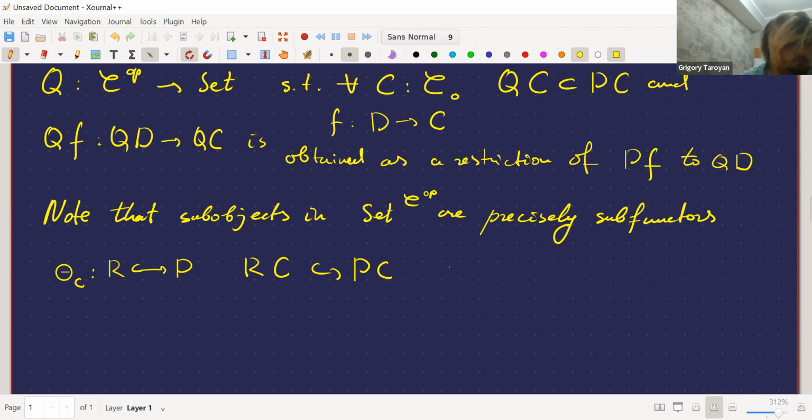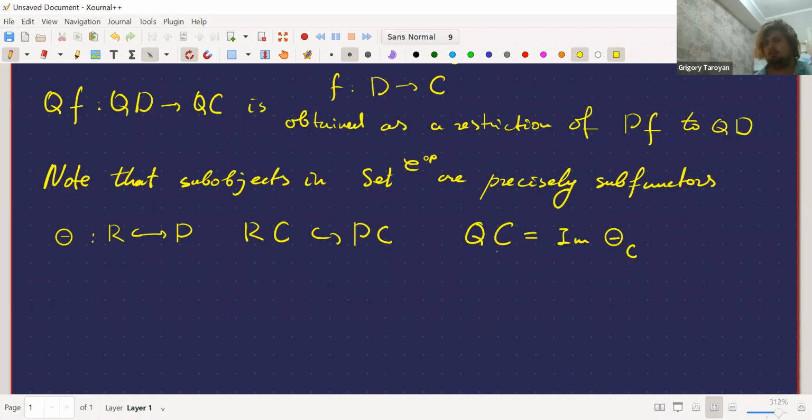And so we can say that Q corresponding to this monomorphism theta is just an image: QC is just the image of theta C. Then Q evidently becomes a subfunctor of P. That is almost a triviality.